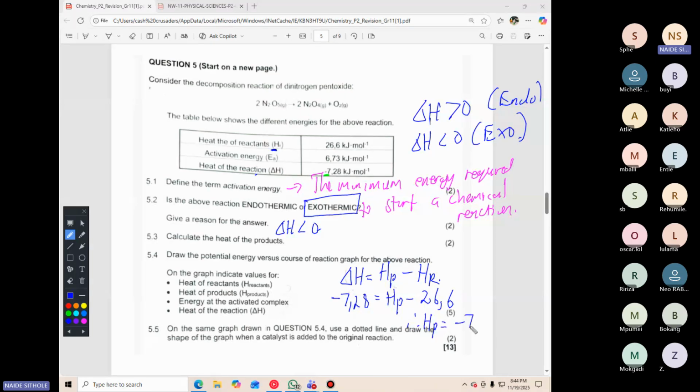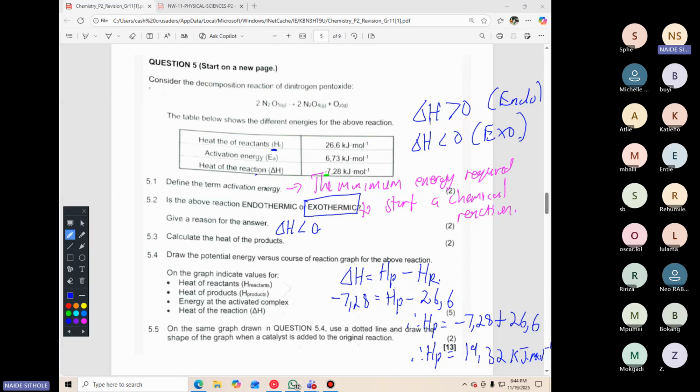By saying negative 7.28 plus 26.6, when masses transpose. Therefore, our heat of the products is negative 7.28 plus 26.6, which gives 19.32 kilojoules per mole. Yes, right. And then you have calculated. These ones are just easy questions.